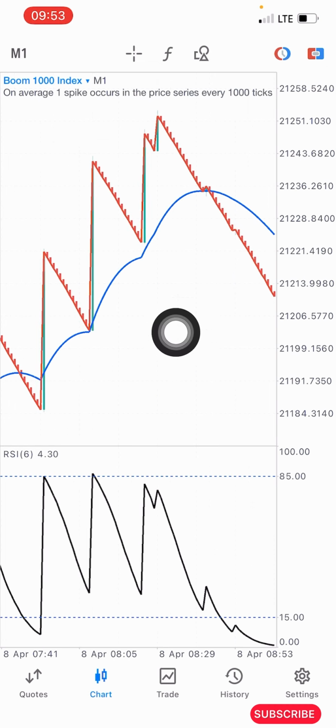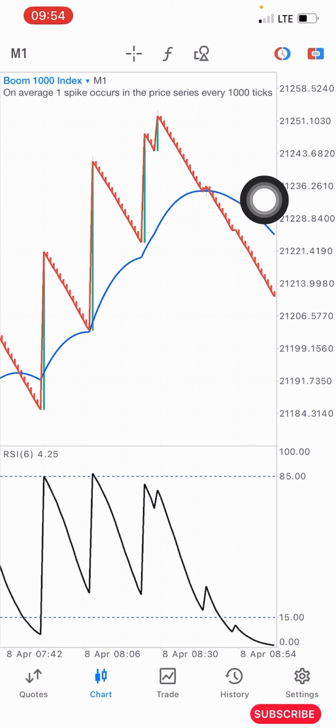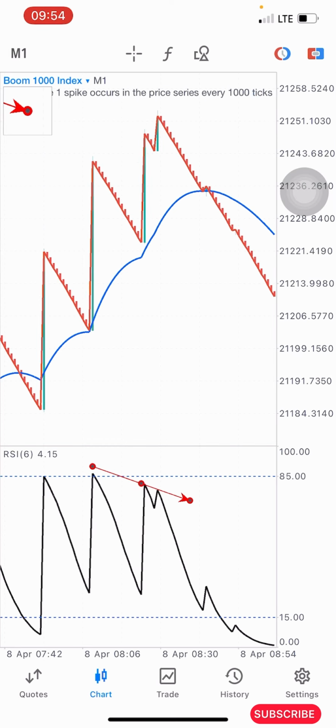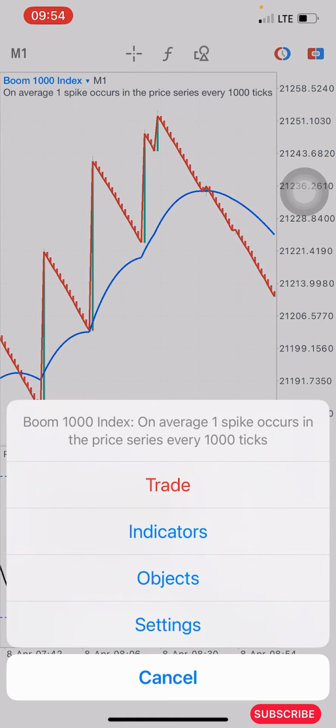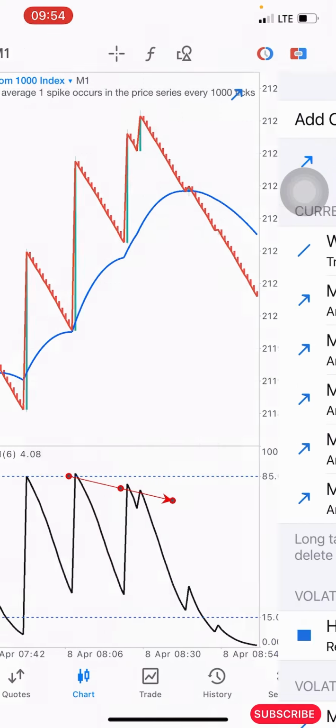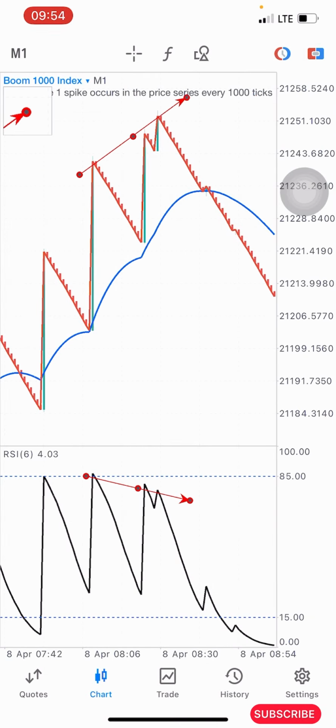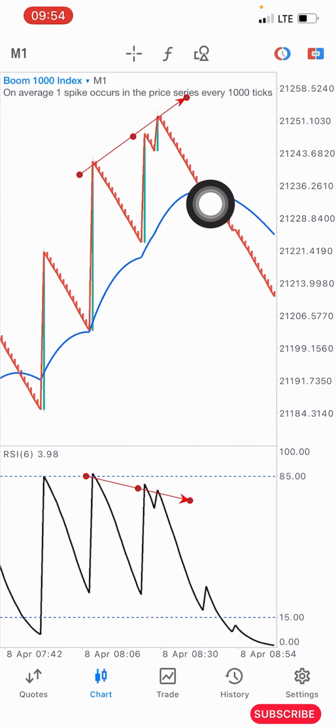Now you can see there's another divergence here, and this one actually worked out. The indicator is facing down, and on the main chart it's facing up, going in different directions. So you wait for it to cross below the blue line.